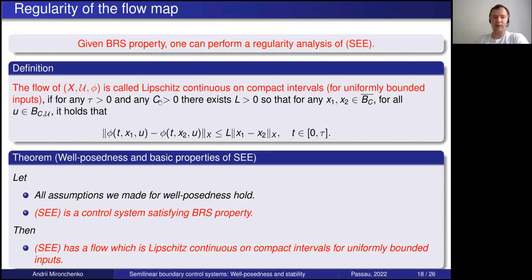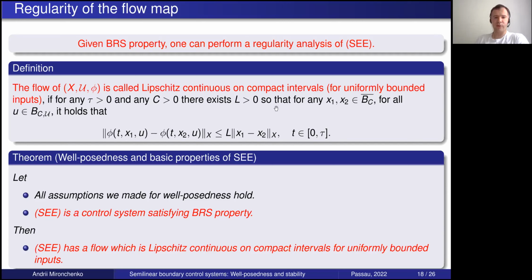That is, for any c and any time tau, we have L such that this bound holds, with a Lipschitz constant which depends on the size of the initial states, the size of the inputs, and the maximal length of the interval.